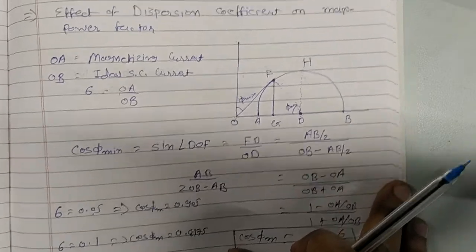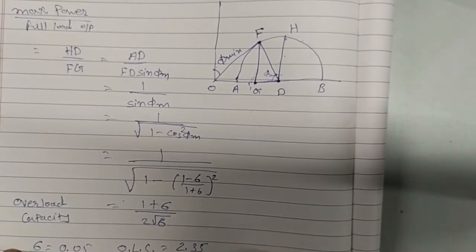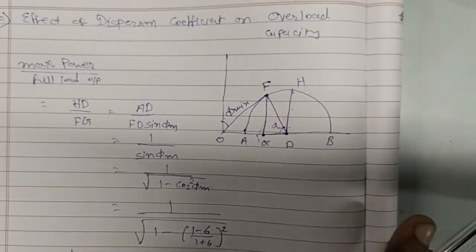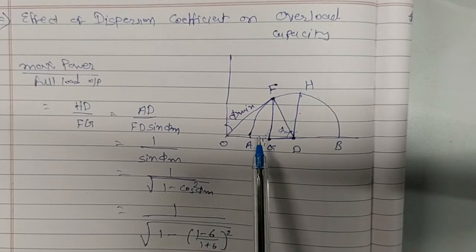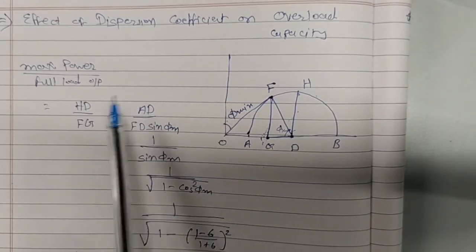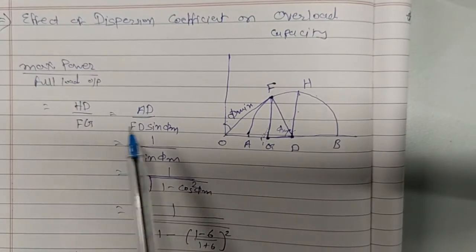After that we have seen the effect of dispersion coefficient on overload capacity. For that also we have taken the reference of the same simplified circle diagram. The overload capacity is the ratio of maximum power to the full load output.